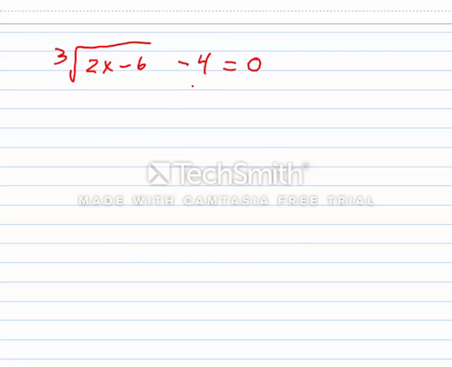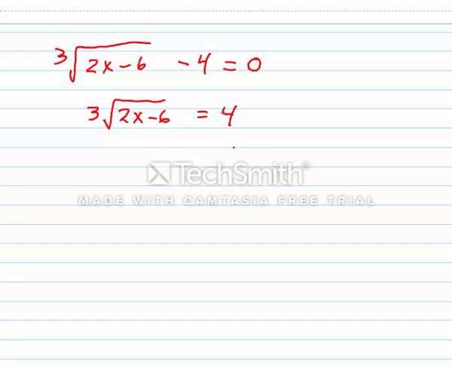So here we have a cube root, and we have something like this. Well, we have to solve for the cube root, so we add 4 to both sides. The cube root of 2x minus 6 is equal to 4.